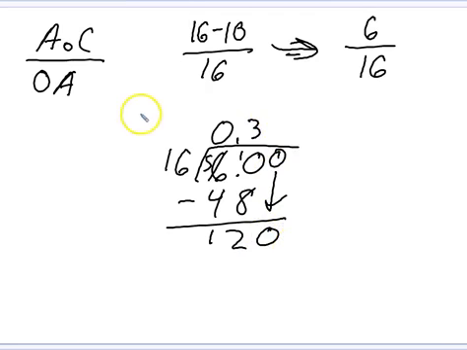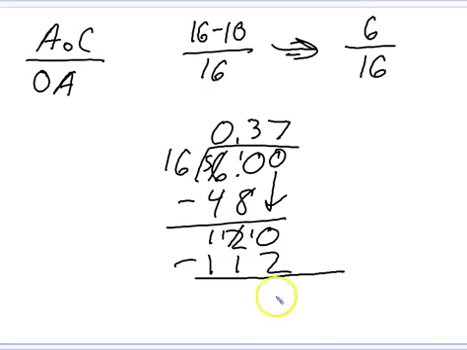And then 16 goes into 120 7 times. We get 112. That becomes a 1. That becomes 10.